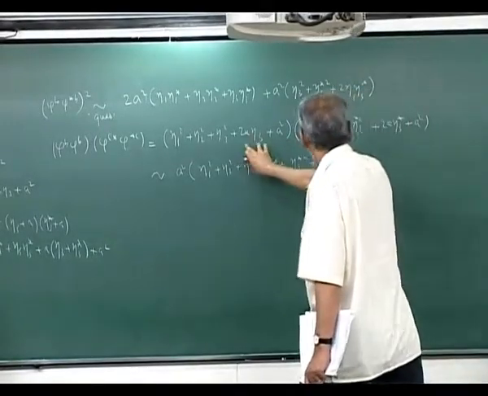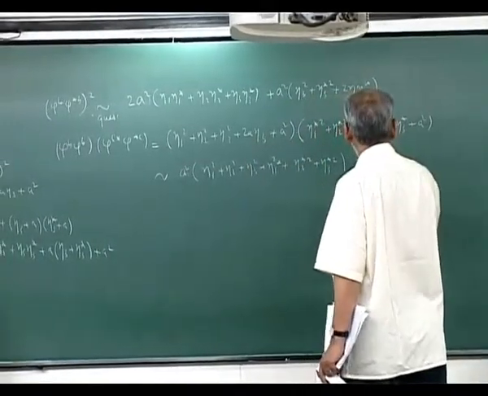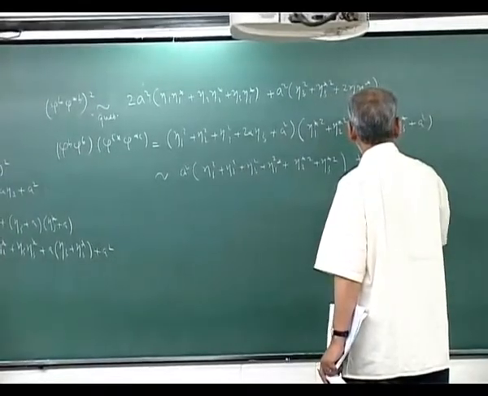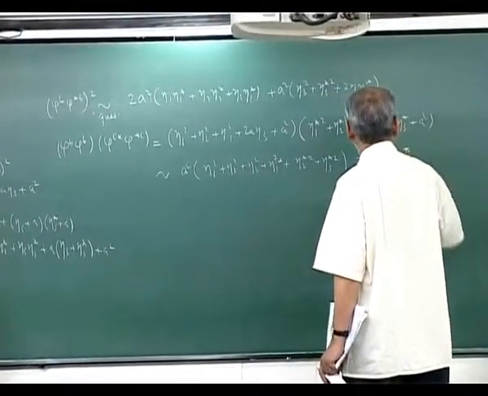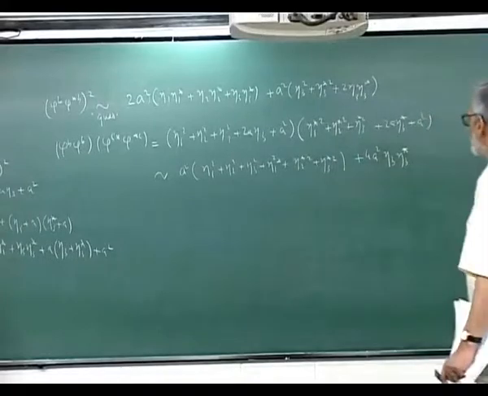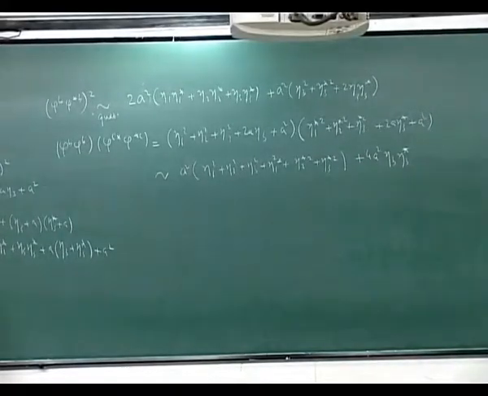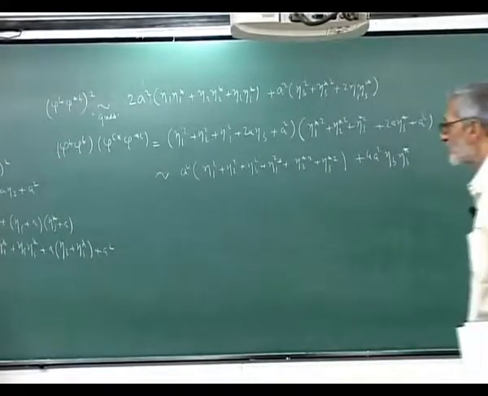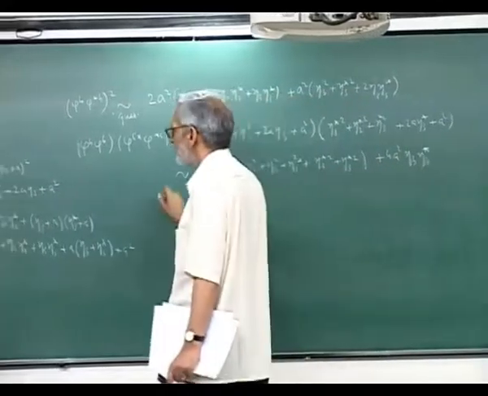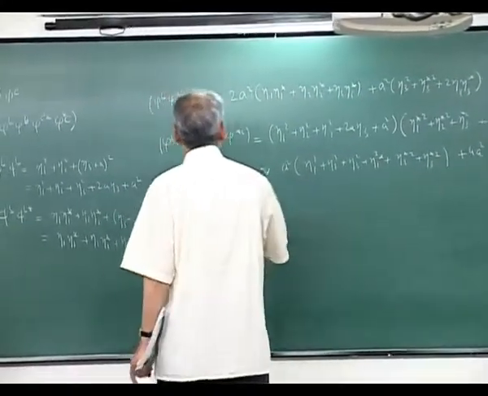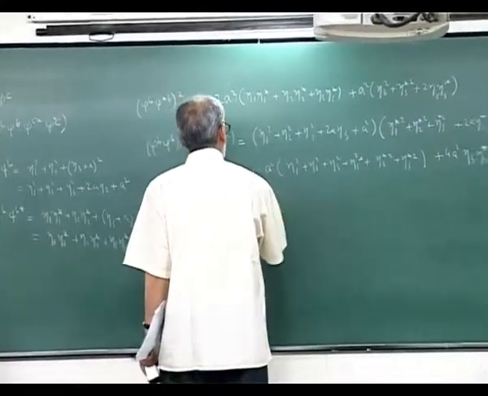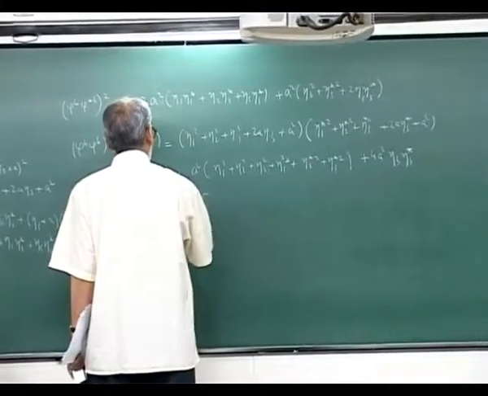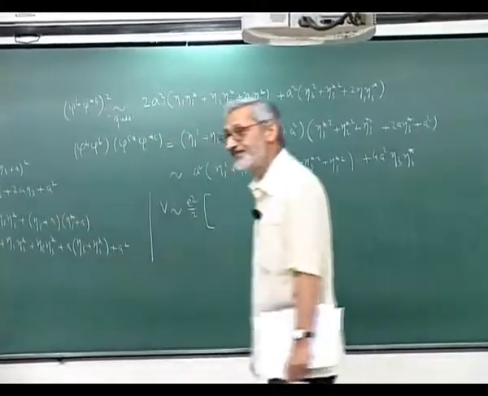But then there is also this term. And subtract them. Subtract them. So V is now e square by 2 quadratic terms.